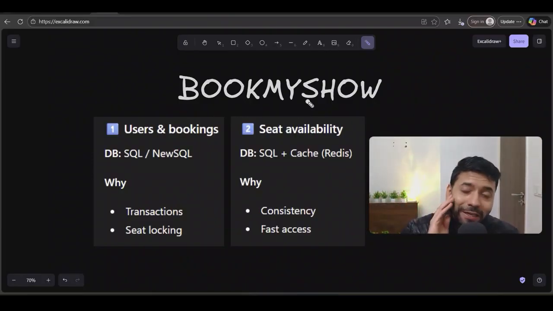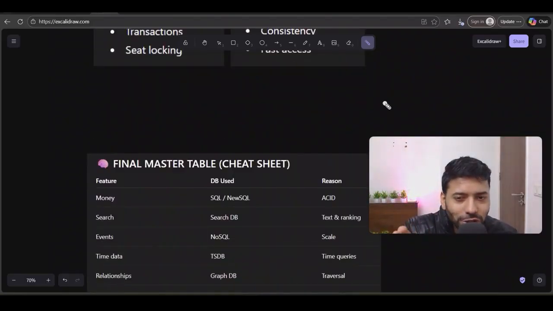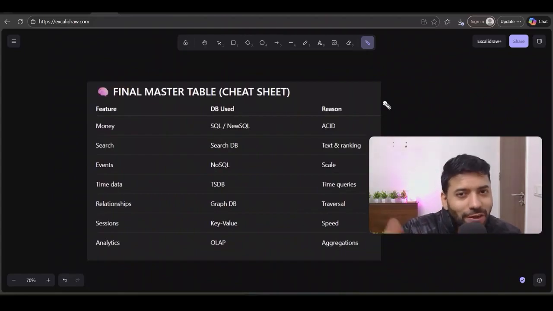All right, so we have seen the database used for different systems, but here comes the best part now. I am going to share with you a cheat sheet which can help you to identify the correct database, right? So first, if we talk about financial transactions, money related things, for that we'll use SQL because we need strong ACID support and strong consistency.